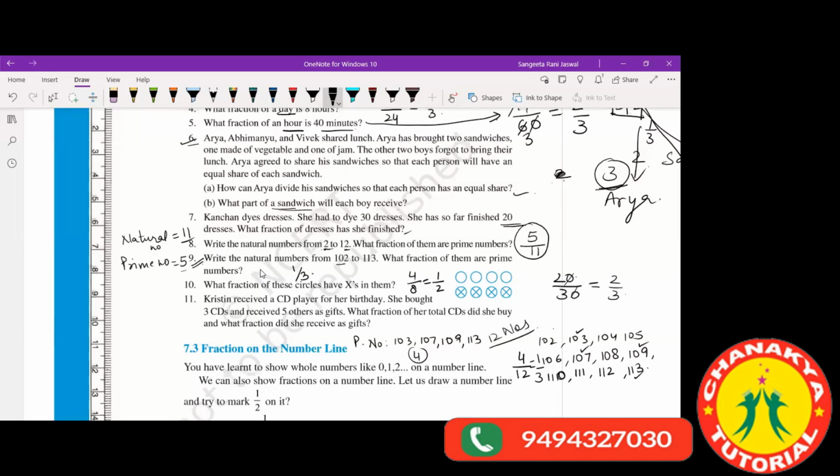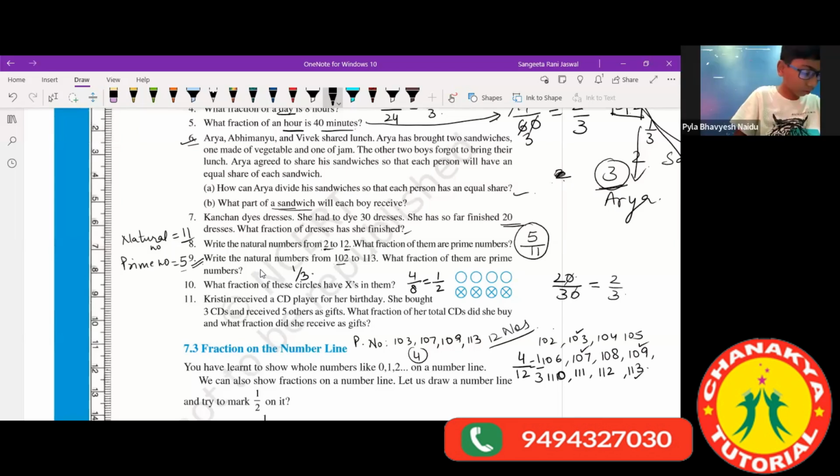See the next question. Bhavesh, read the next question. Kristen received a CD player for her birthday. She bought 3 CDs and received 5 others as gifts.